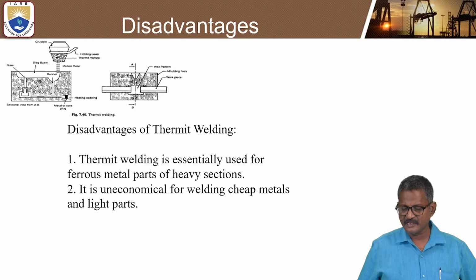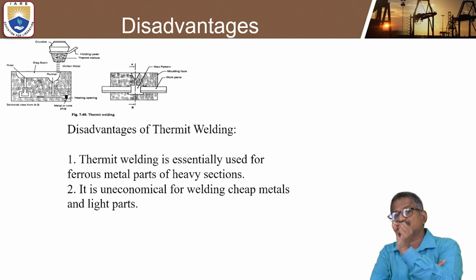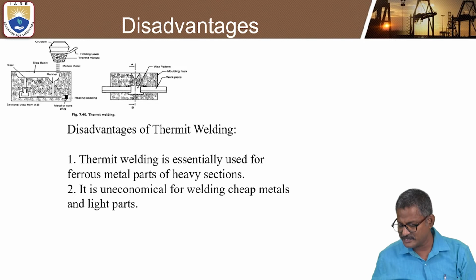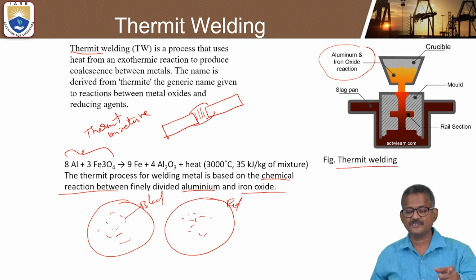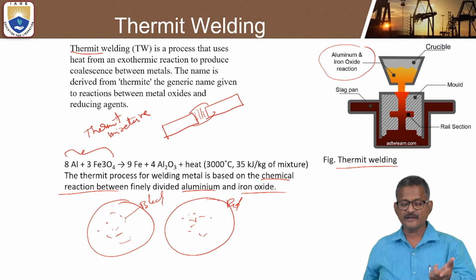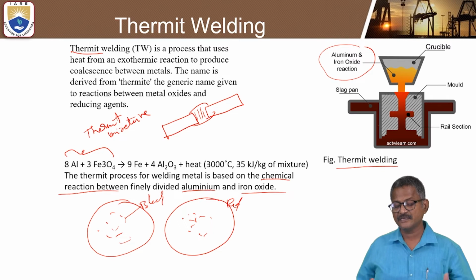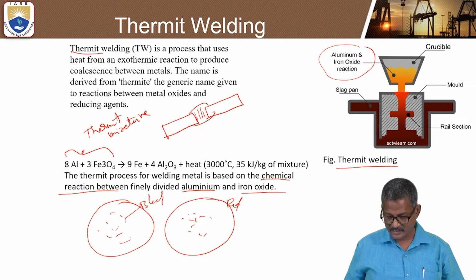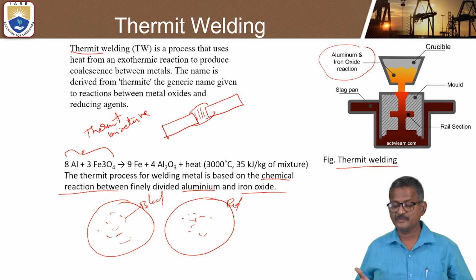Now let us see the various disadvantages of thermite welding. As already discussed, the thermite mixture is a combination of aluminum and iron oxide, which react to give iron plus aluminum oxide.